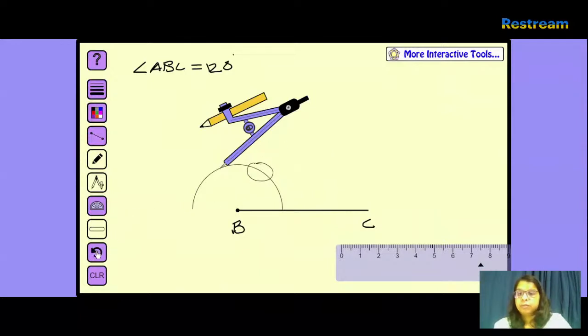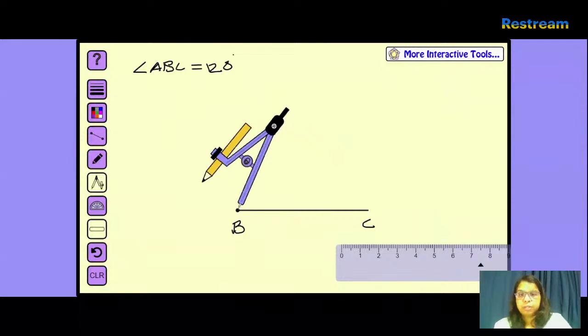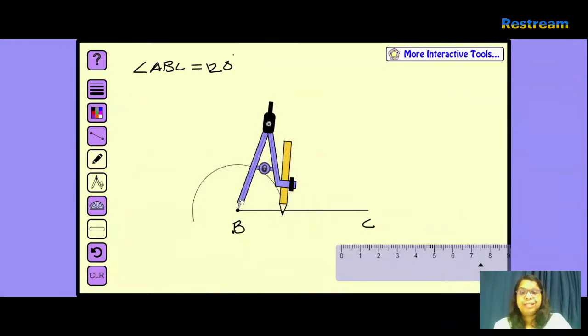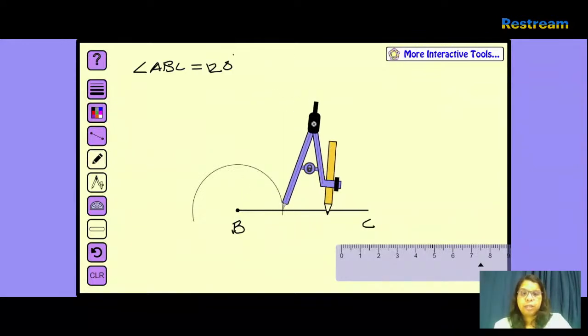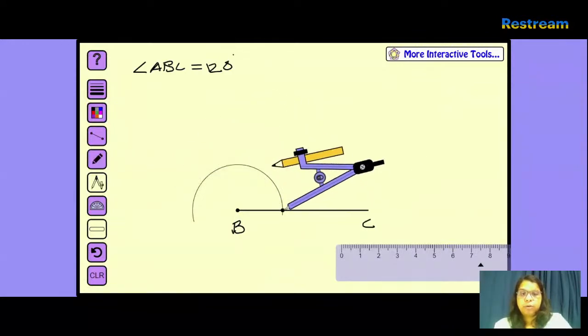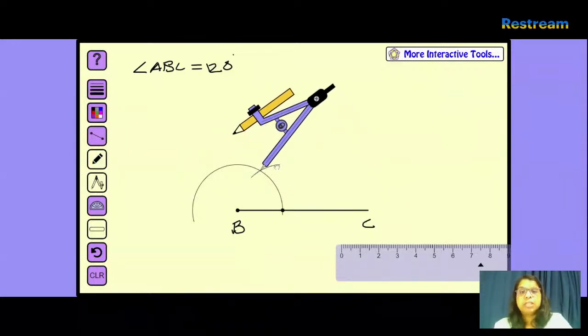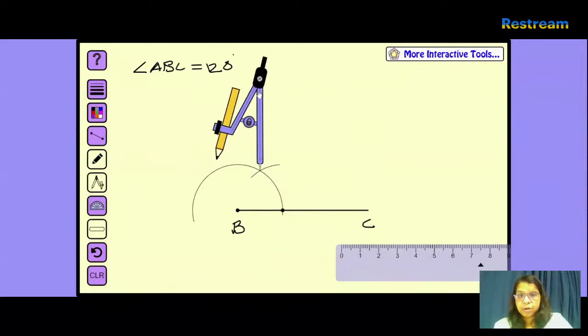Sorry, I'm going to draw again because it erased everything. But we don't need a 60-degree angle, we need a 120-degree angle. So this is how we are going to do it. This is 60 degrees. Now keep your compass on the 60-degree mark and draw an arc for 120 degrees.